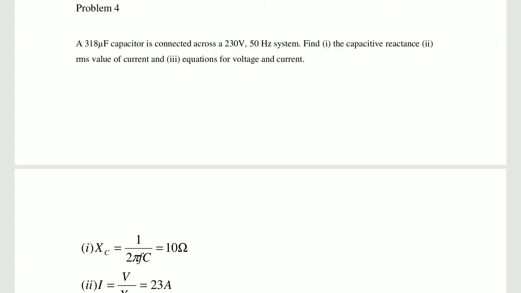And the third question is the equations for instantaneous voltage and current, they are asking.